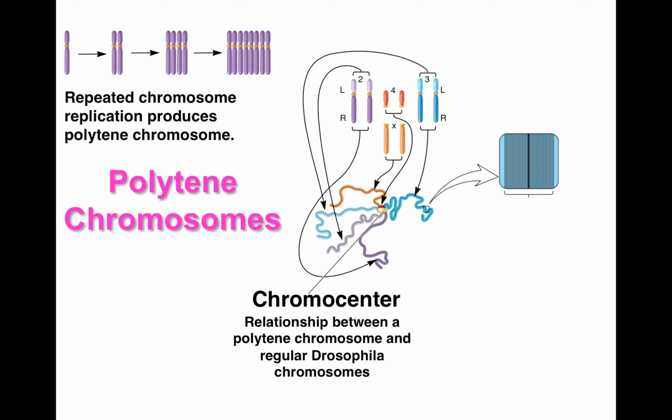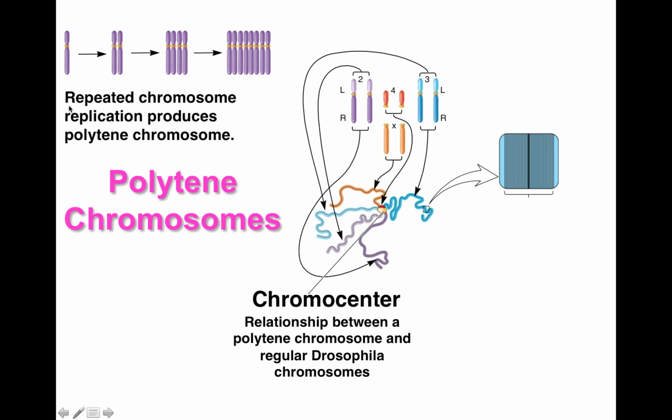Polytene chromosomes are found in the salivary glands of Drosophila melanogaster. They are chromosomes where several copies are lined up from the tip of one arm to the tip of the other arm of the chromosome.